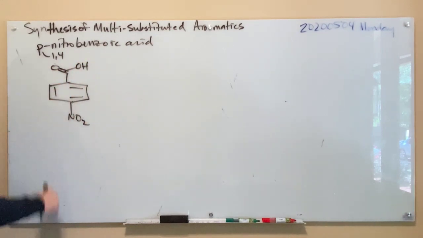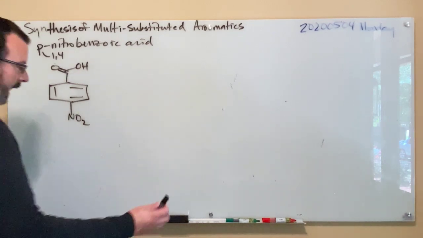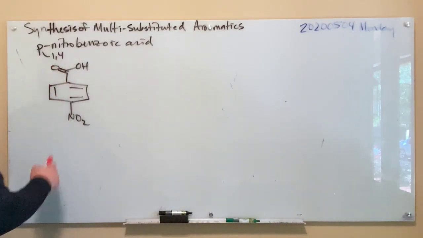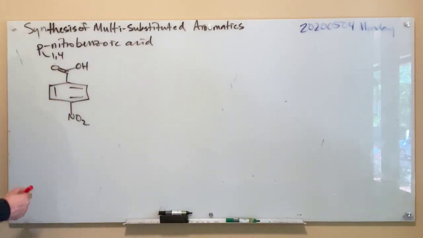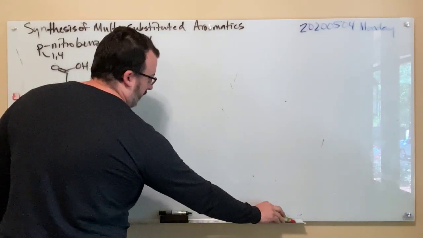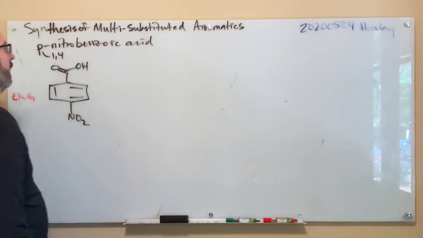The following, there's the nitro group. So the thing about this one, the challenge as it were, both of these substituents that are on the ring are both electron withdrawing groups. So they're both meta-directors. So how do we get around that?